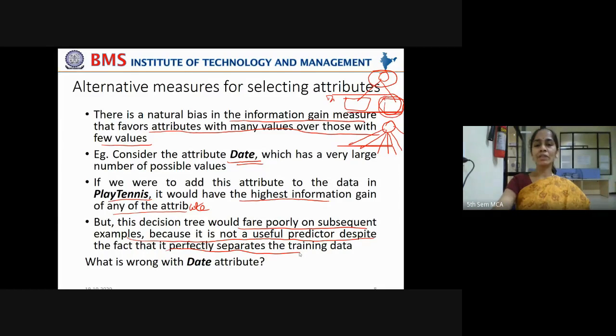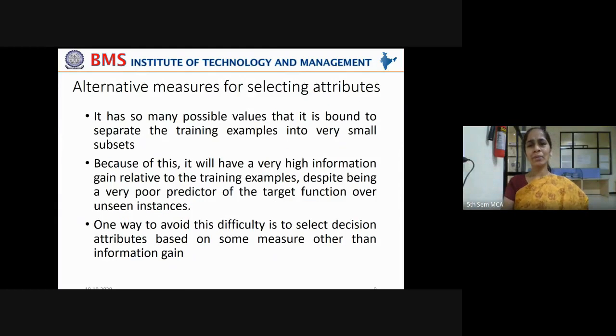So what is wrong with this date attribute? It has so many possible values that it is bound to separate the training examples into very small subsets, right? On this date, a very small number of examples, on that date, a very small number, because hardly one or two matches may be played on a particular date.